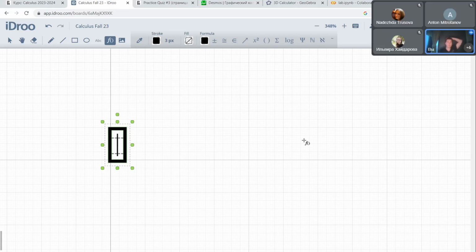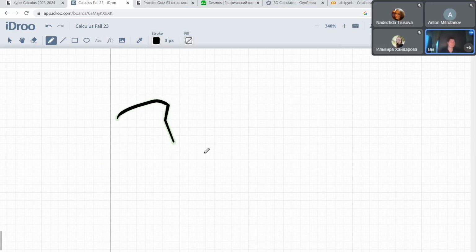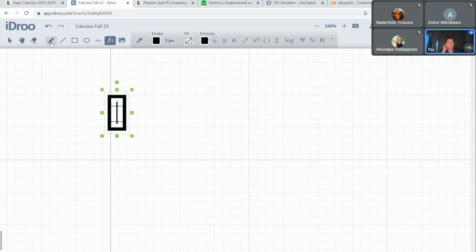That's a normal thing, because continuity is like the possibility to draw your function without pauses, without breaks, without any shifts and so on. But is it possible to find a function that will be continuous only in one point?